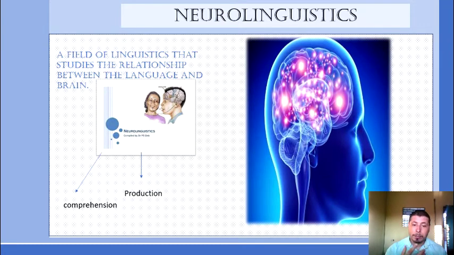We also study the production and the acquisition of a language through the different aspects and functionalities of each part of the brain, to make things more understandable. So we are going to go to the next slide.